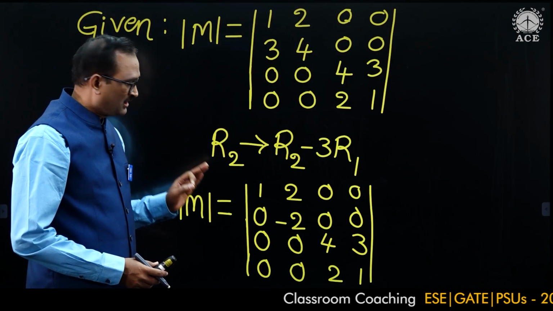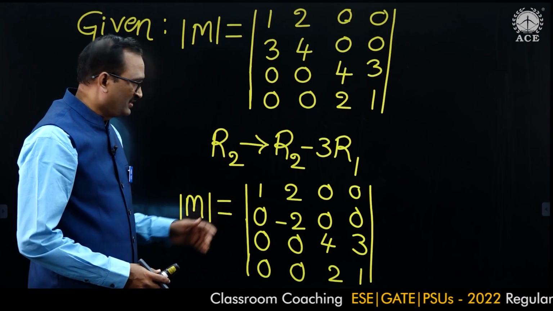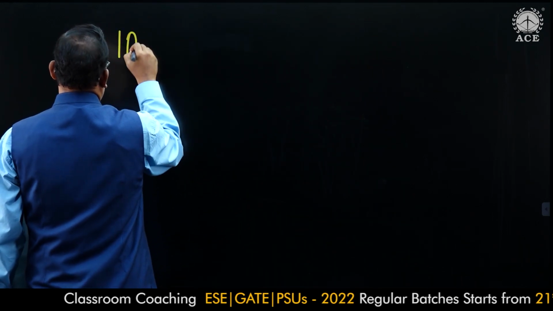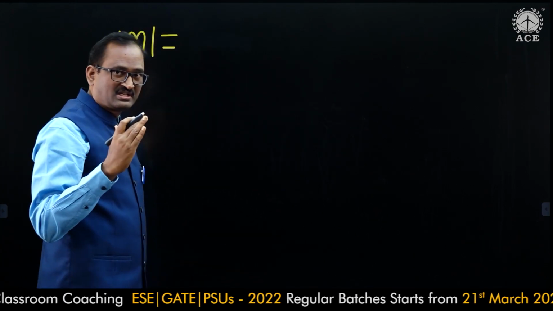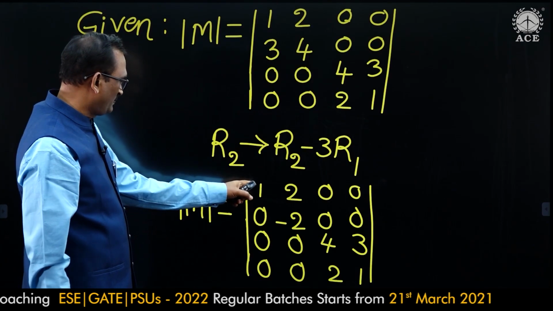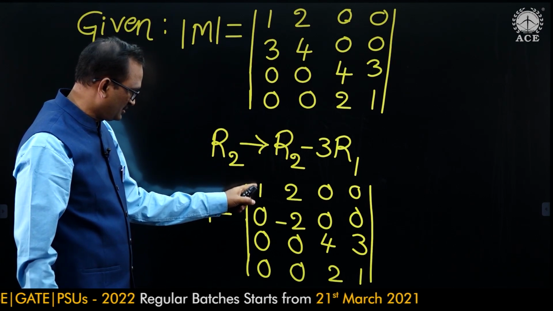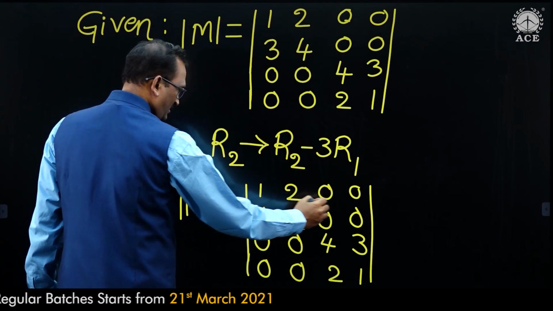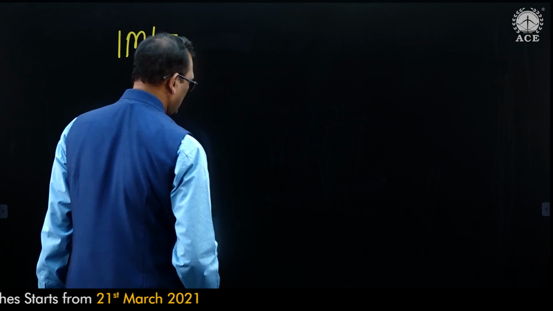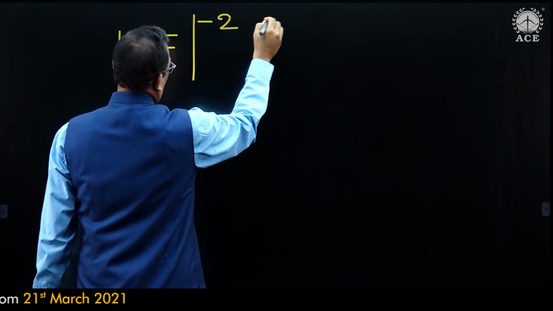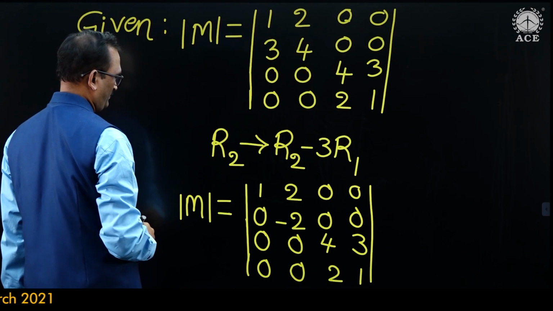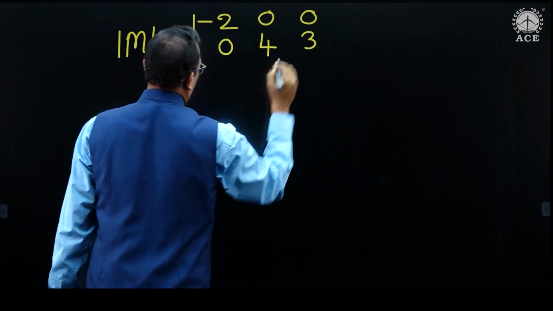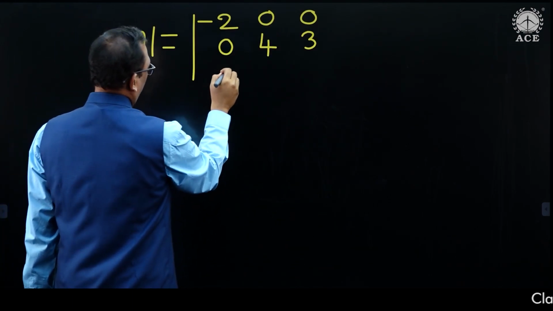Let us find the determinant of the matrix along the first column. The determinant is calculated along the first column, with signs plus, minus, plus, minus, so plus into 1. Then delete the corresponding row and column and find the determinant of the remaining elements, that is the matrix with rows minus 2 0 0; 0 4 3; 0 2 1.